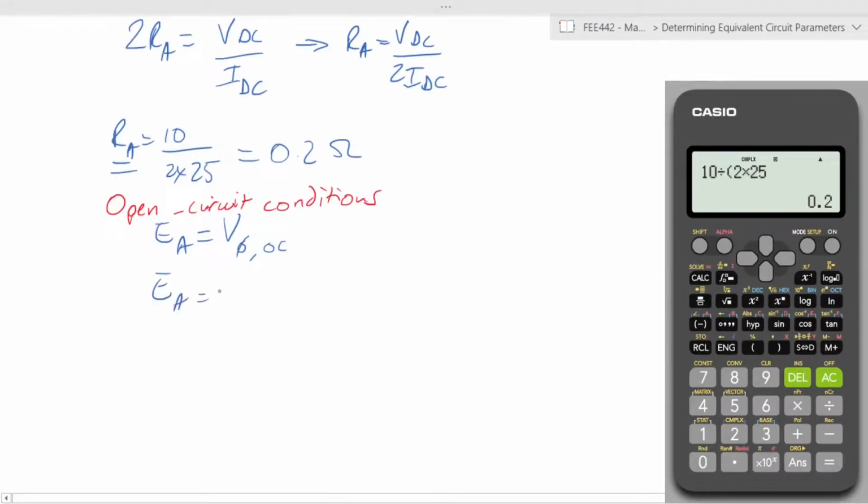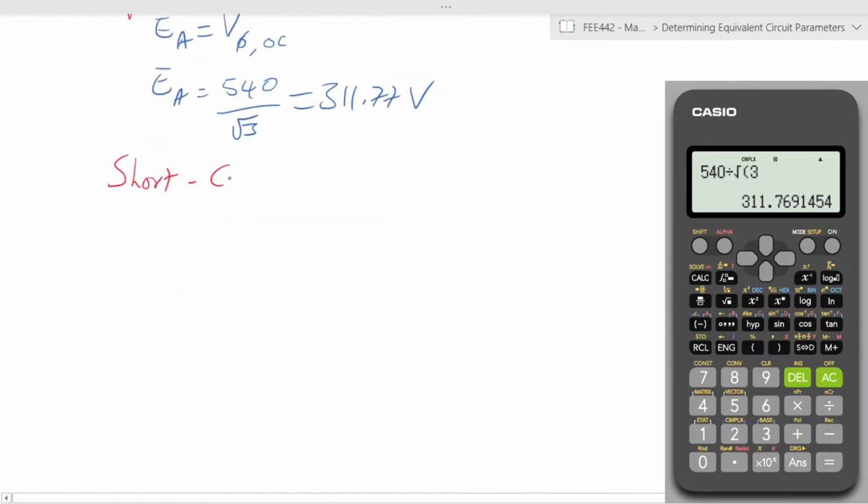So EA is equal to 540 over root 3, which is 311.77 volts.